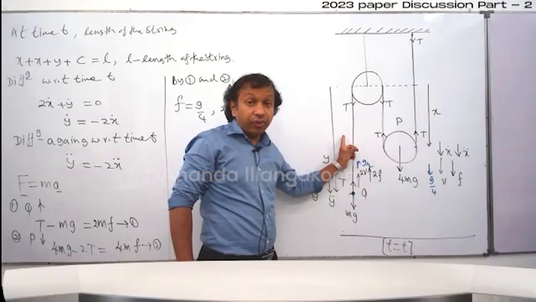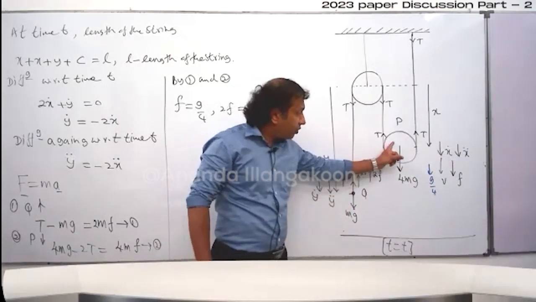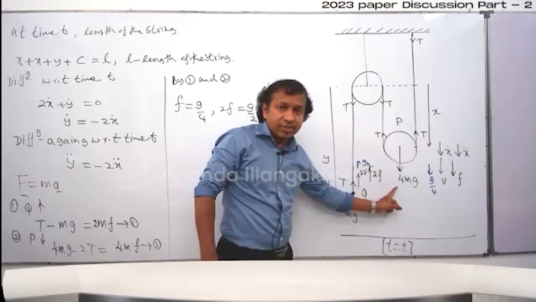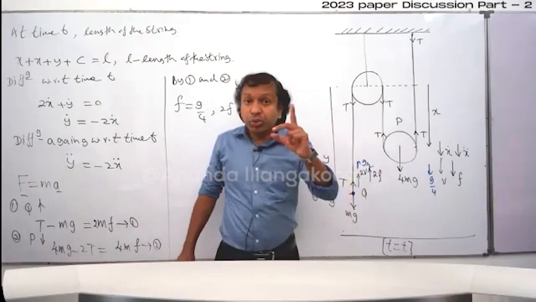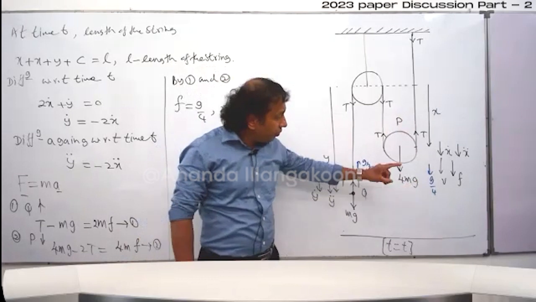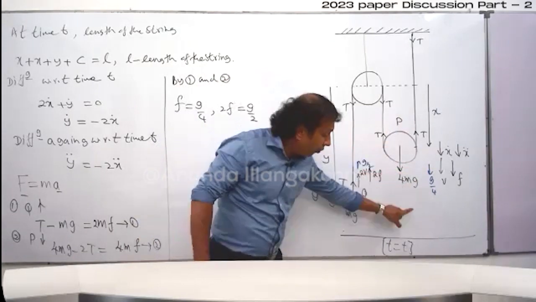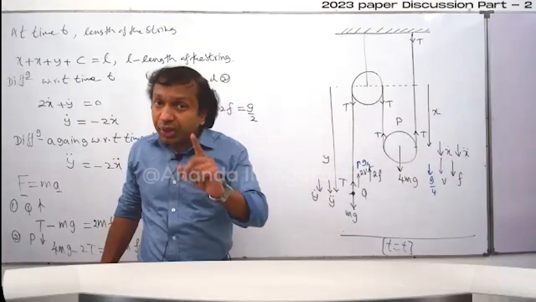So during the same time duration, once this moves downward a certain distance, this moves upwards 2 times the length this has descended. Remember that. That means once this moves downward a distance a, this will have moved upwards 2a.